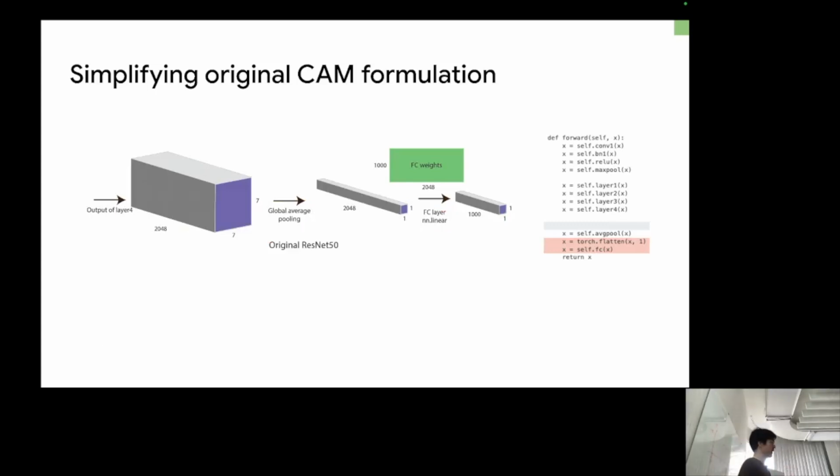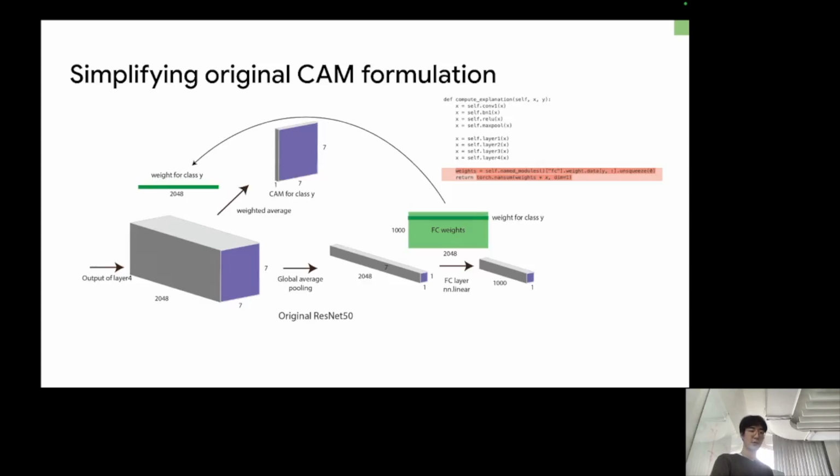So I'm going to visualize everything here again. Originally, depending on the exact network, you may have 1024 or 2048 channels and then a 7x7 feature map. Then you do global average pooling to make this into a 2048-dimensional vector. Then you apply the FC weight, which is just a matrix multiplication, and you get a 1000-dimensional vector. That's the usual computation.